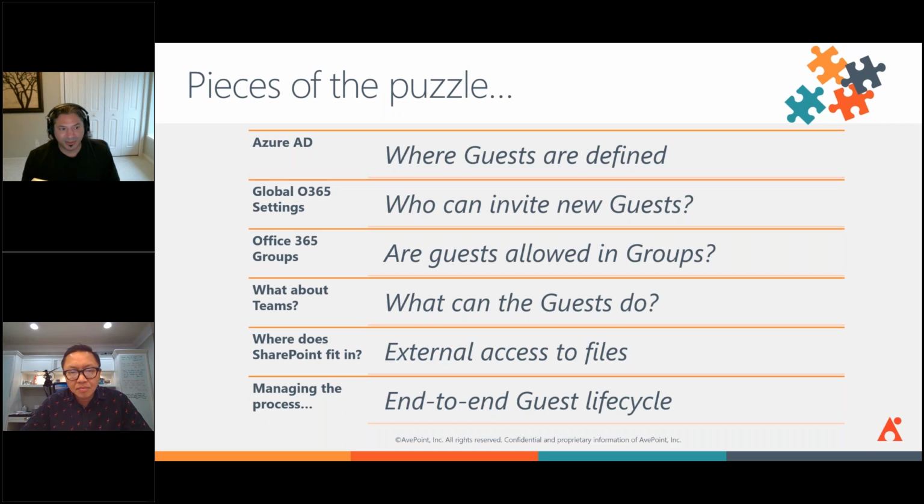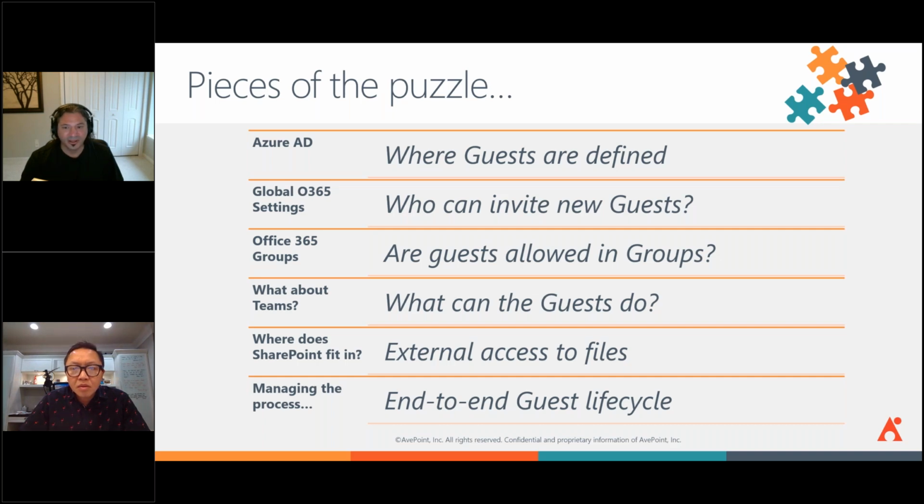And then we'll talk more specifically about the tactical things: groups and teams, how we can have guests there, and external access to files and file sharing. And then we'll put it all together at the end and talk about how we can manage this at scale and really operationalize it.